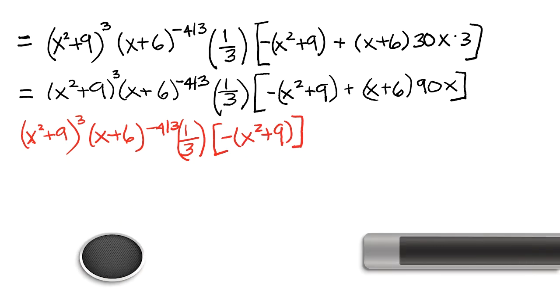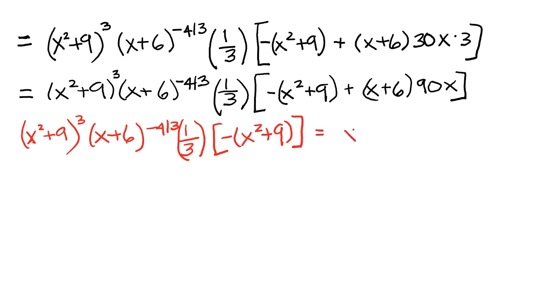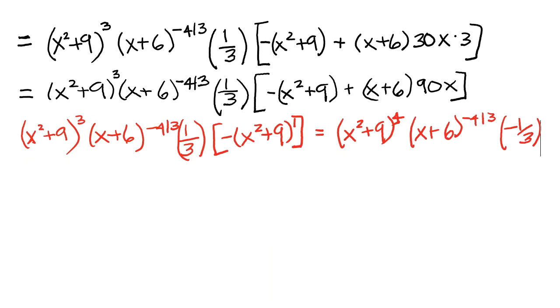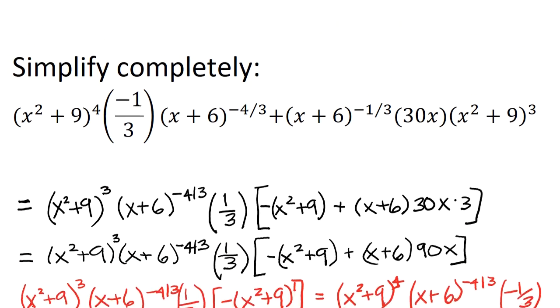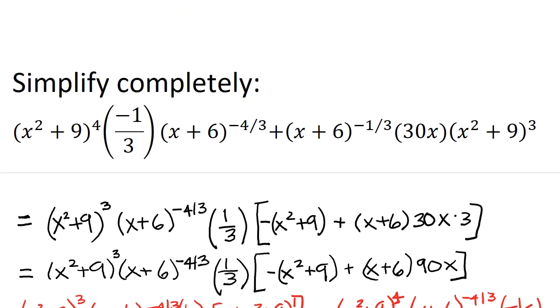When I multiply all of that out, I'm going to get x squared plus 9. This of course has an exponent of 1, so that's going to be to the power 4. And I'm going to still keep the x plus 6 to the power minus 4/3. And this is going to become minus 1/3. And that is my original first term, you'll notice right here.